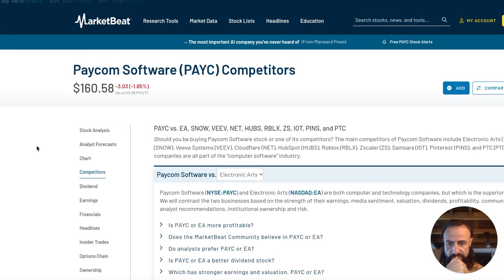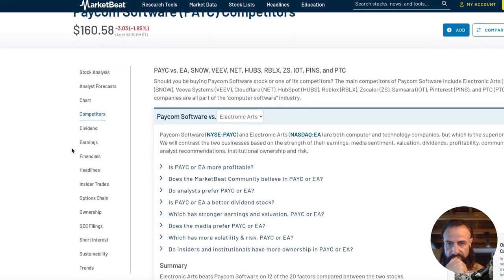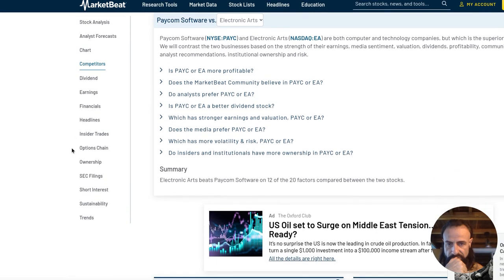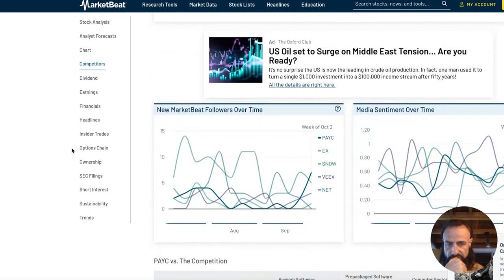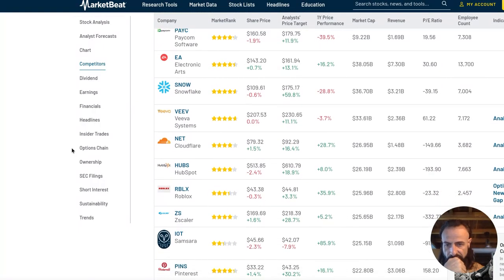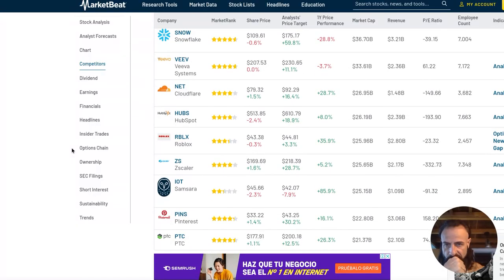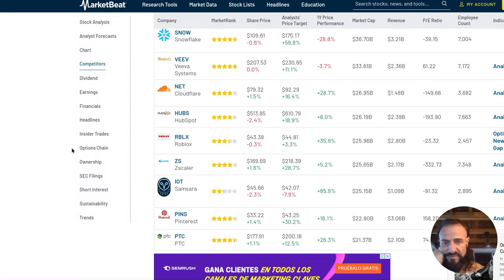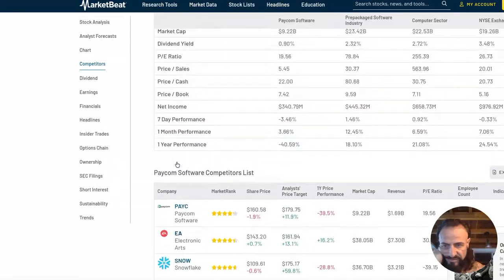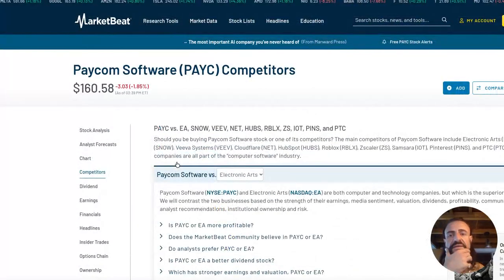Competitors. Those are a lot of cloud-based companies. Snowflake, Zscaler. Those are not really competitors.